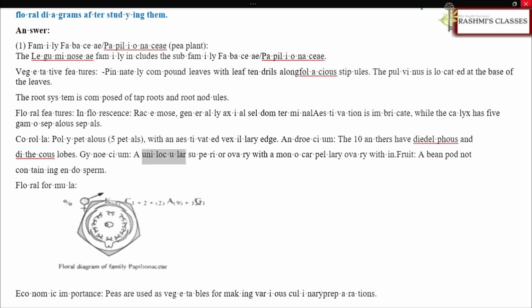Gynoecium, a unilocular superior ovary with a monocarpellary ovary. Fruit, a legume, seeds not containing endosperm. Floral formula. Economic importance: peas are used as vegetables for making various culinary preparations.